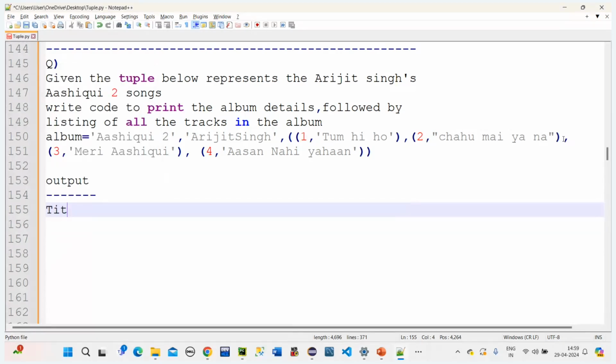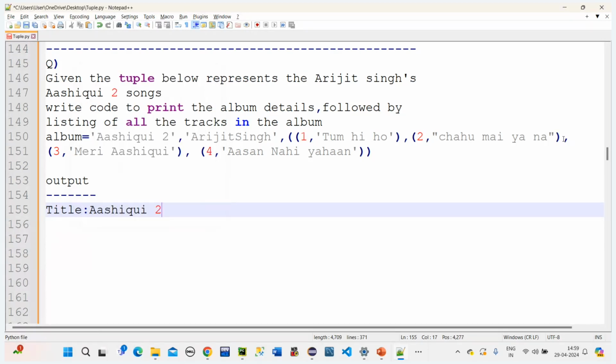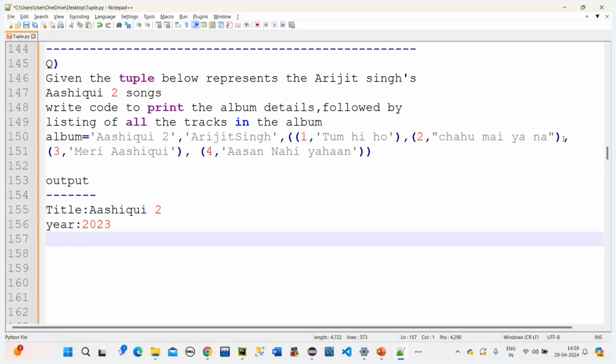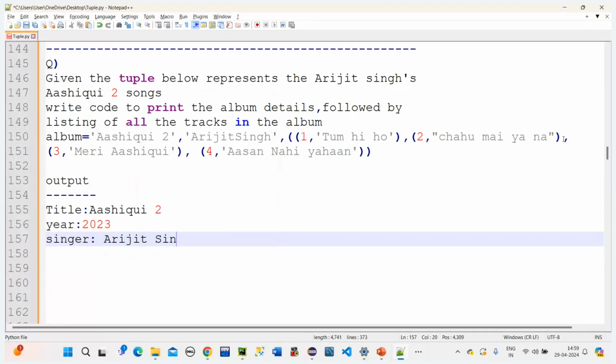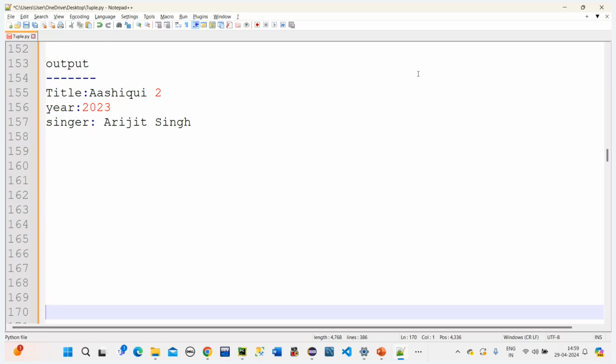The output should be like this. Title: in the title it should be Aashiqui 2, and then after the title we have the year, for example 2023, and then the singer. Who is the singer? Arijit Singh is the singer. And then songs.